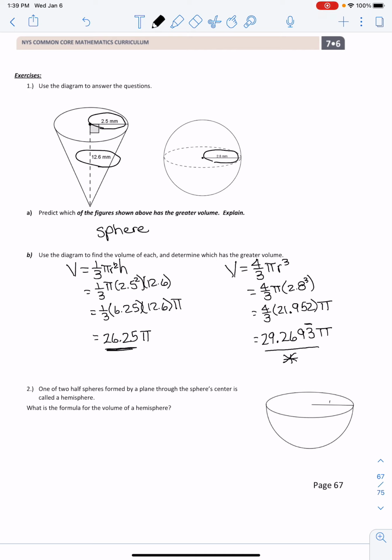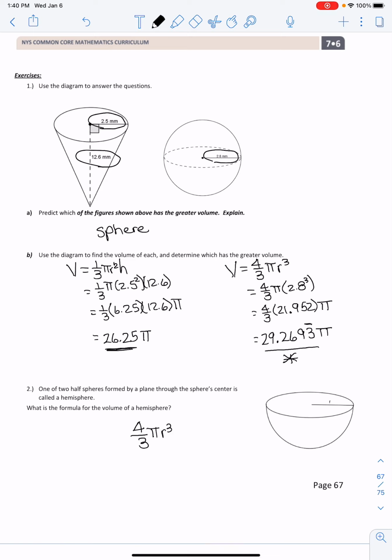So my next example is number 2, and it says one of two half spheres formed by a plane through the sphere's center is called a hemisphere. What is the formula for the volume of the hemisphere? Well, think about this. If I cut this sphere in half, my formula for the whole sphere is 4/3 pi r cubed.